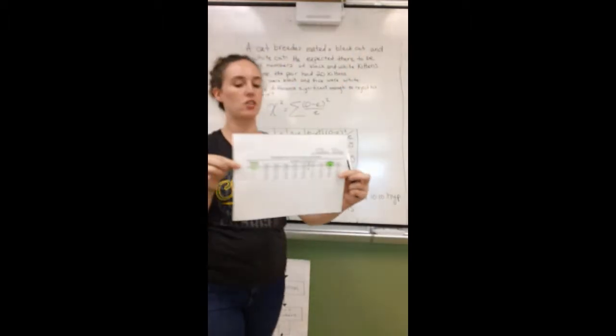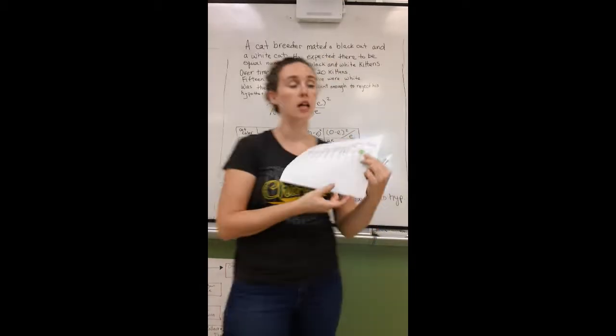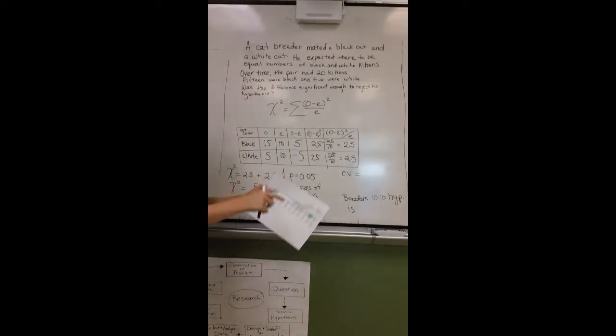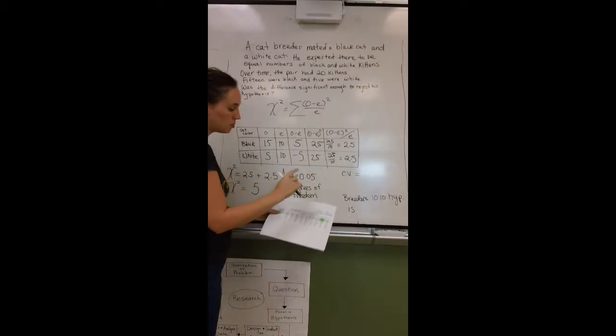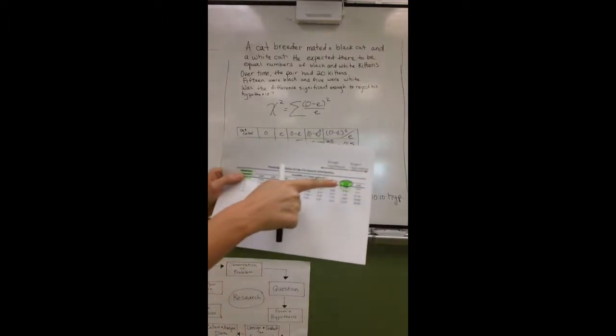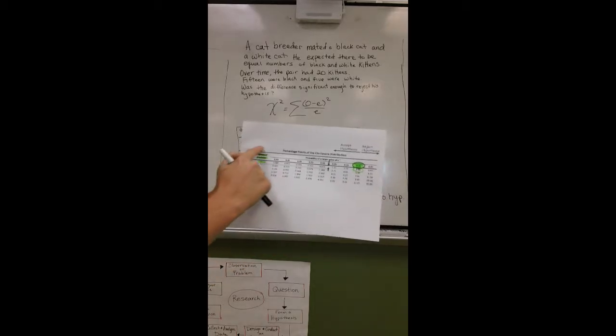I have to pick a number on here to compare my chi-square equals 5 to. The way I do this is to figure out the column; I use P equals 0.05. Hope you can see that. And then there's a row for degrees of freedom.